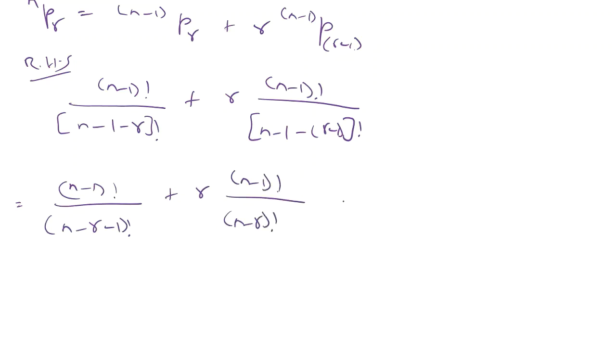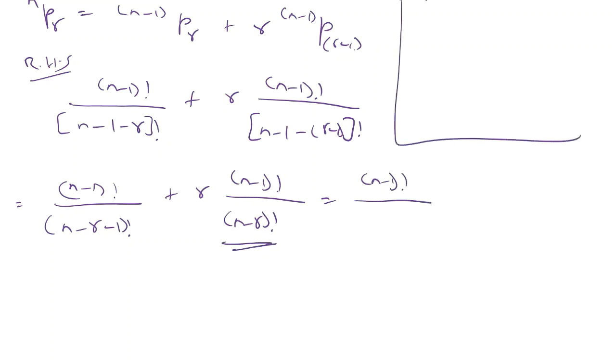From these two terms I can take (n minus 1) factorial common. And coming to this (n minus r) factorial, I can write it as (n minus r) times (n minus r minus 1) factorial. So on the whole I can take (n minus 1) factorial upon (n minus r minus 1) factorial common.